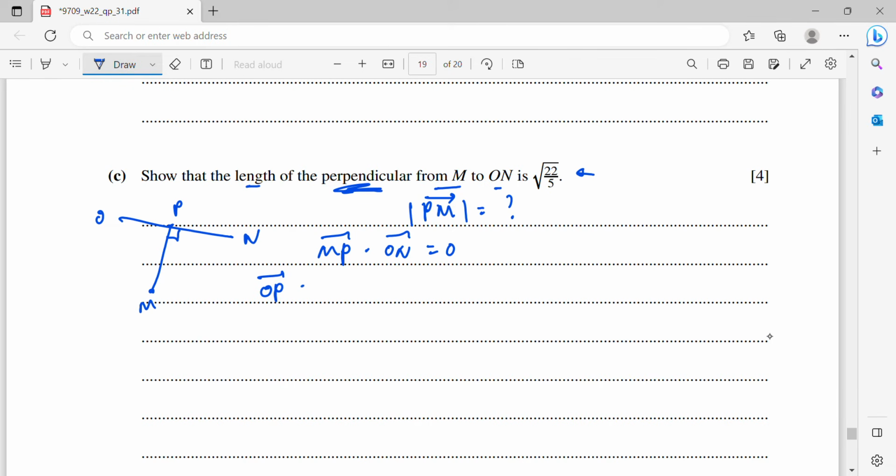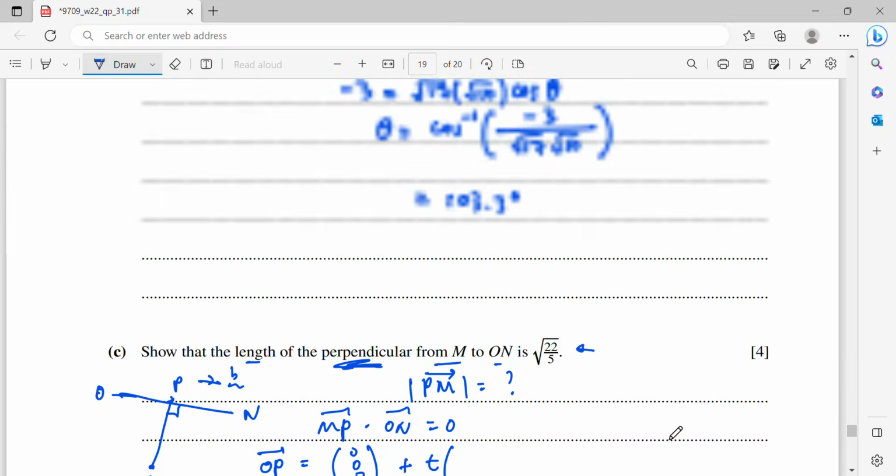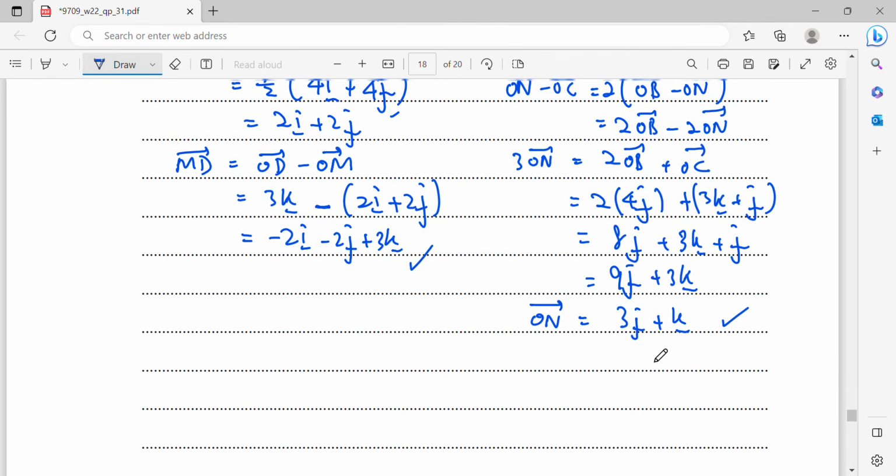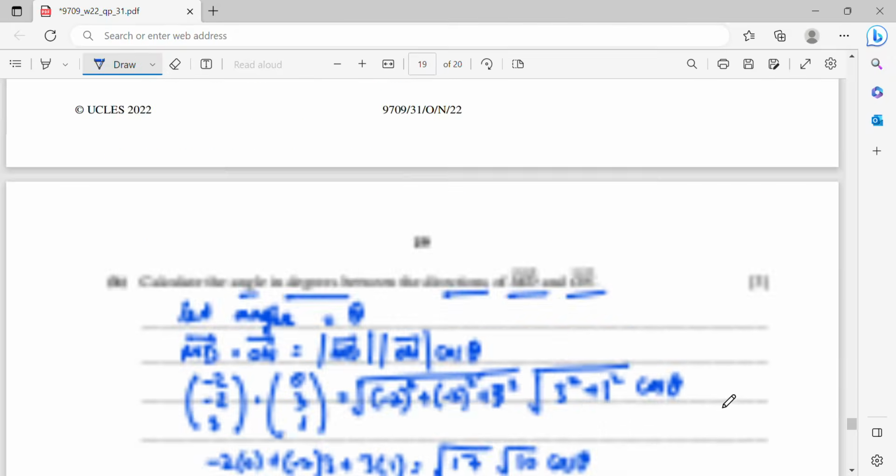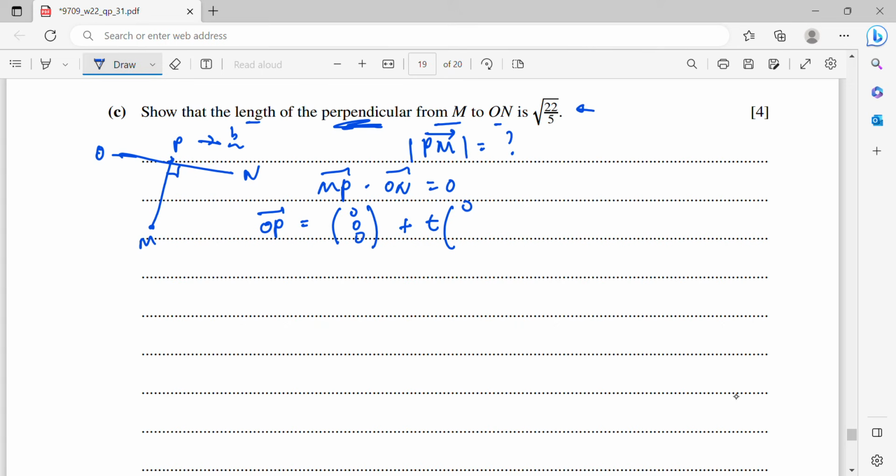So vector OP, since the P lies on the line ON, will be the position vector of P, which is the vector equation of the line ON. So the line ON is passing through O, which is all 0, plus T of ON, because the direction is ON. So now my ON from the previous part, 3j plus k, means it will be 0, 3, 1. So from here, my OP is going to be 0, 3t, t.